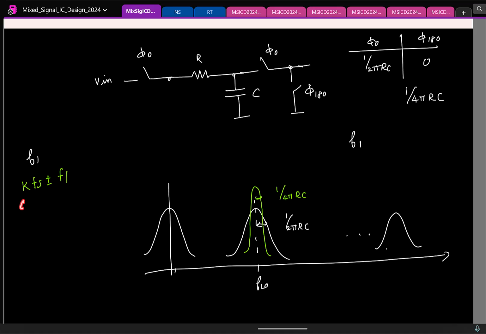Bottom line, you will have a lot of aliasing. Okay. Now if you want to reduce the effect of aliasing, do you think I should have a larger FLO or a smaller FLO? If I want to reduce aliasing, should I be sampling faster or slower?